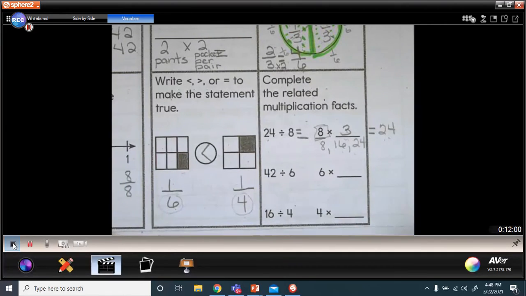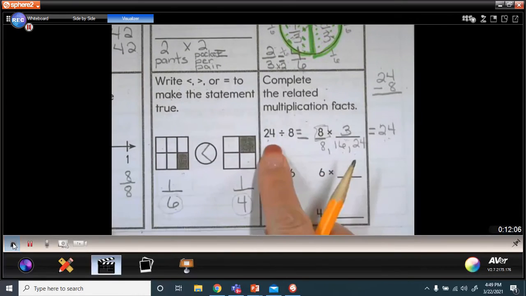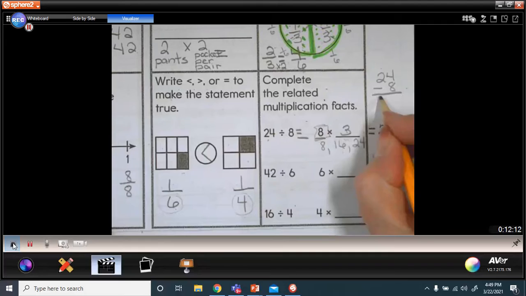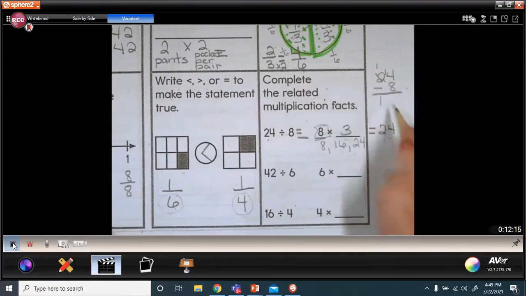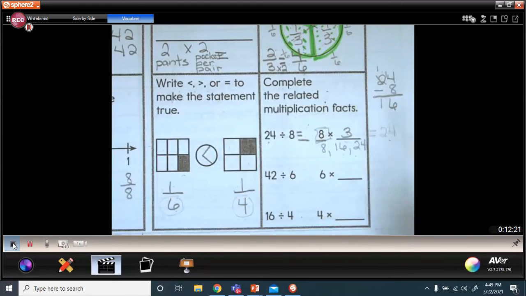Now, another way that I could do this is I could go backwards and subtract groups of 8, because division is repeated subtraction. So if I take 24 and I subtract 8, that's going to give me 16. If I take 16 and I subtract 8, I'm going to be left with 8.